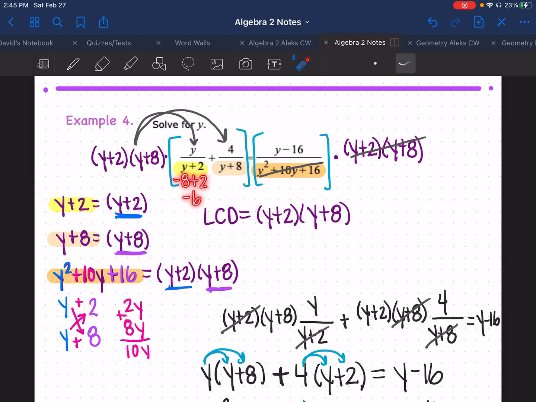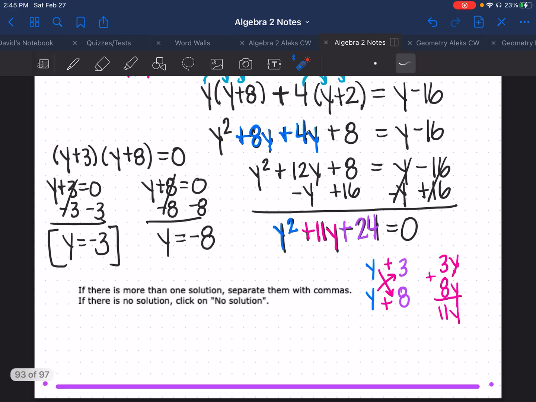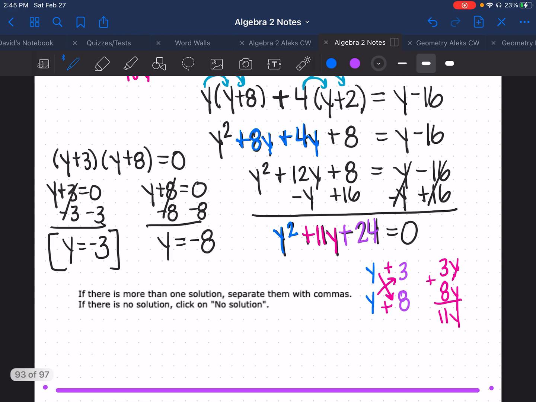You're just looking to see if you get 0. -8 plus 8, uh-oh, there it is, 0. It is an extraneous solution. So this one is extraneous, and we actually would not use it.